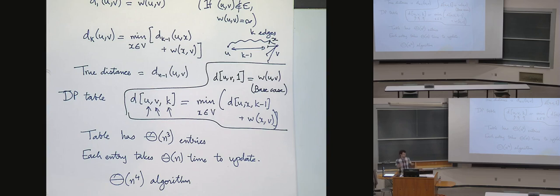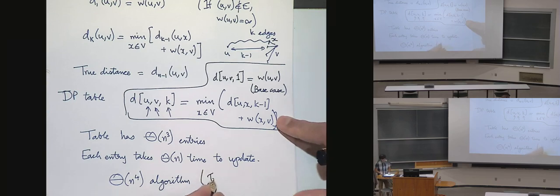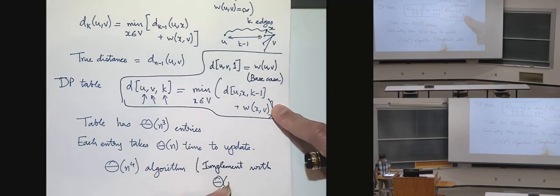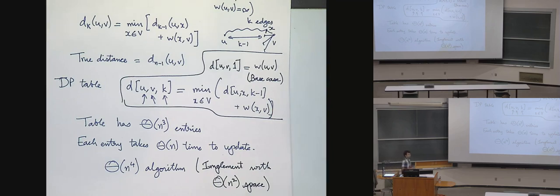So you can implement this with theta n square space. Because often storage can be expensive, all you need is just theta n square space. Okay? Do you see that? You can think of it just like different copies, and you just keep updating k.